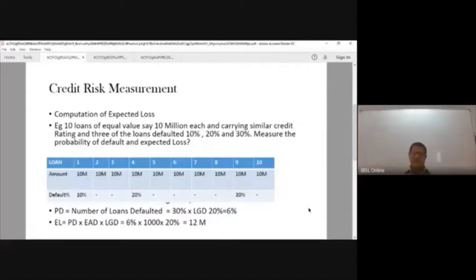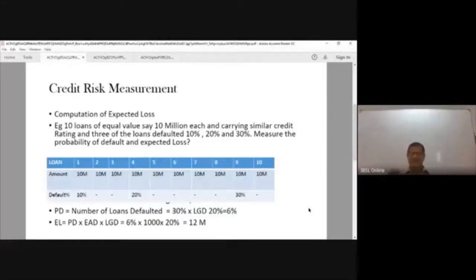So in our computation or measurement of credit risk, we need to take similar credit rating customers. Otherwise, their defaults cannot be identified. Even among similar customers, all will not default, but we took 10 customers who had the same credit rating.